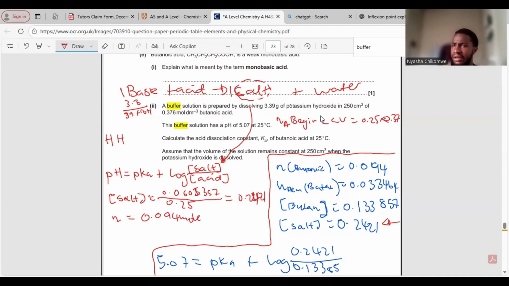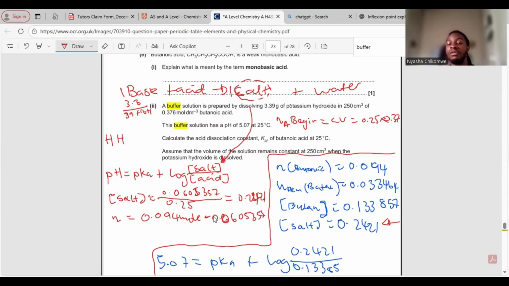So what about in the end? How many were there in the end? Well, we need to subtract those that were used, which is equal again to the number of moles of the base, because it's 1:1 as well. So the number of moles is 0.094 minus 0.0605357.